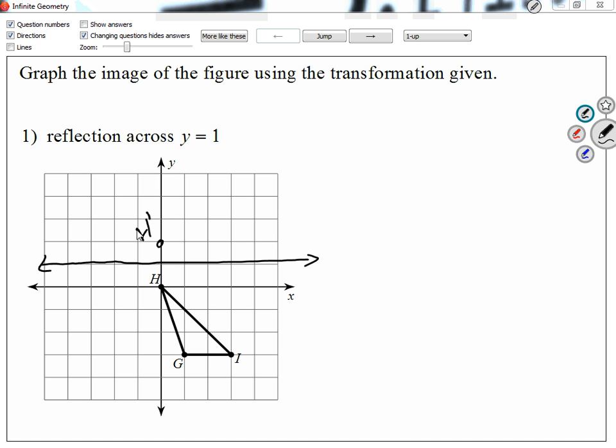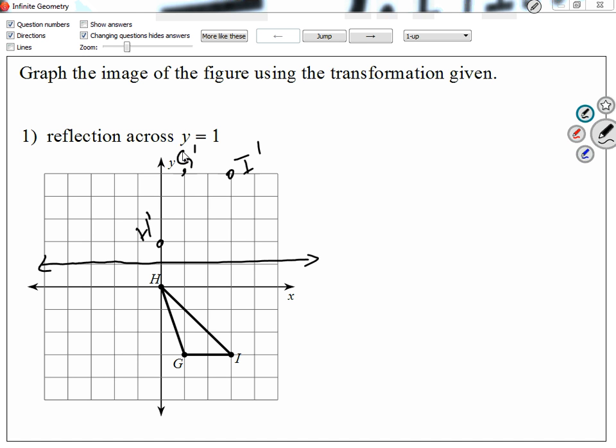Look at my point I, it is 4 spaces from the mirror, so it should be 4 spaces on the other side as well. And I'm going to put it right there. Looking at my G, from the mirror, it's 4 spaces, so let me count 4 spaces on the other side.